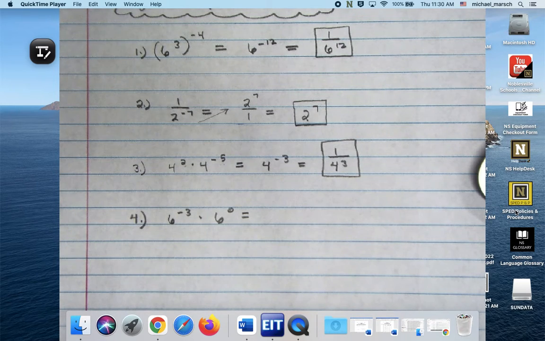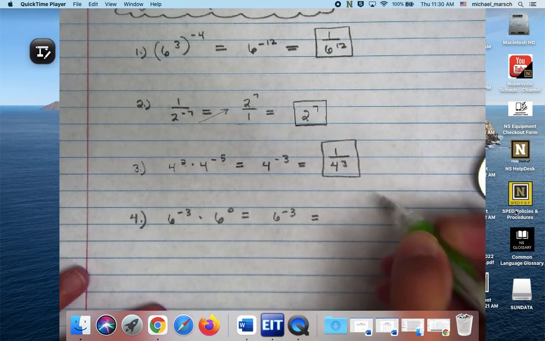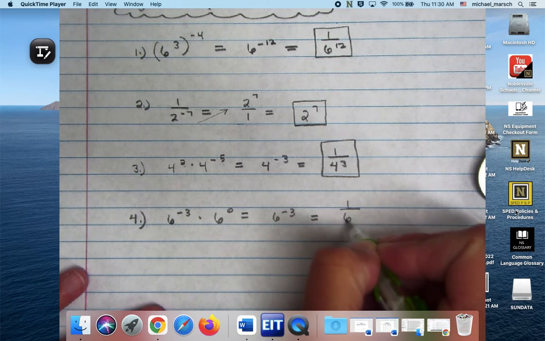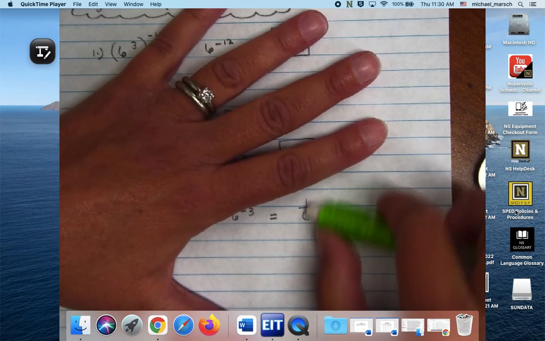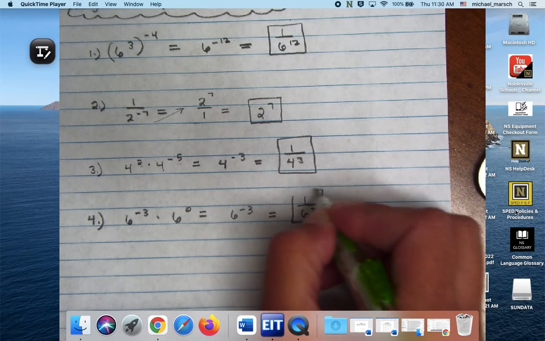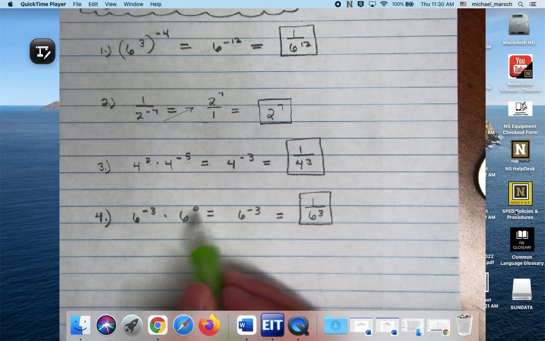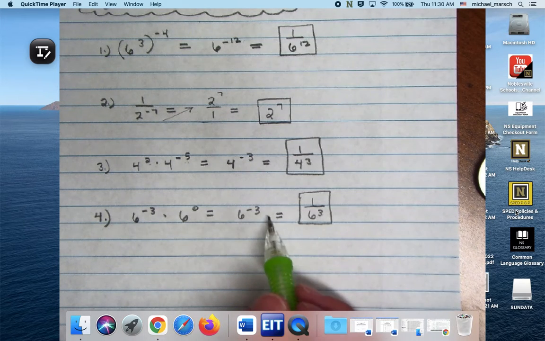How about number 4? What do you think? What's happening here? Carmen? Well, the 0 is a 1, so it just stays 6 to the negative 3. Yep. And then what do I do with that? Put it as a fraction, 1 over 6 to the third. Yep. Remember, this is like saying 1, right? So 6 to the negative 3 times 1 is going to give me 6 to the negative 3.